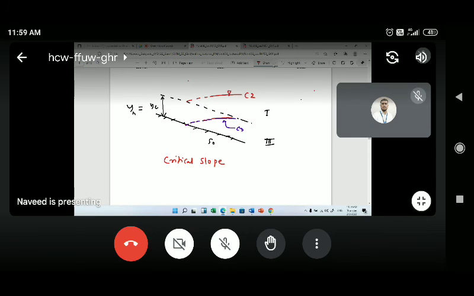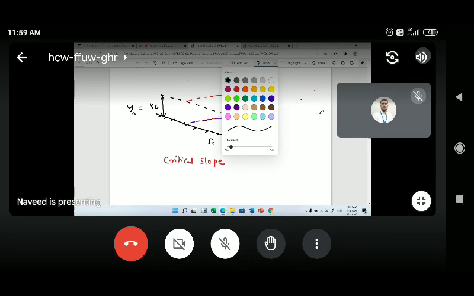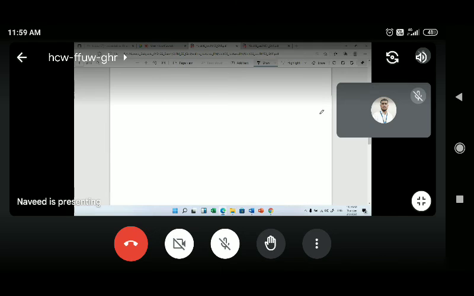Now we'll see if your slope is horizontal. Your slope is horizontal, and then again here YC, and this is vertically upward, that is YN tends to infinity.